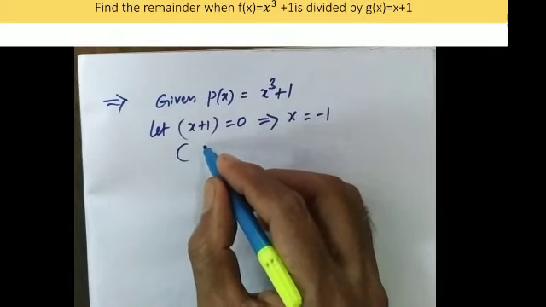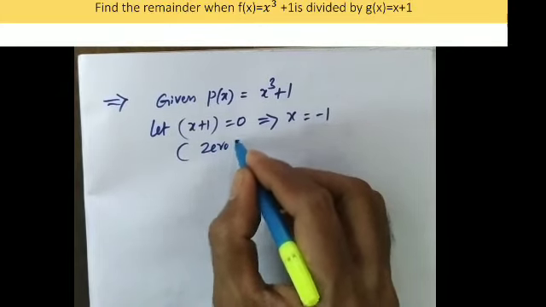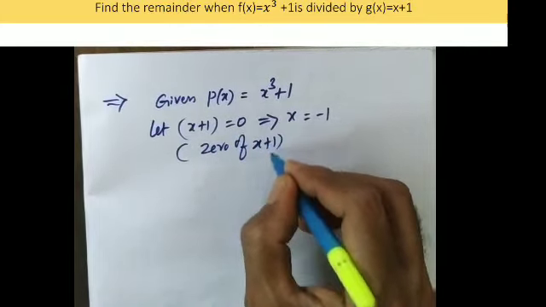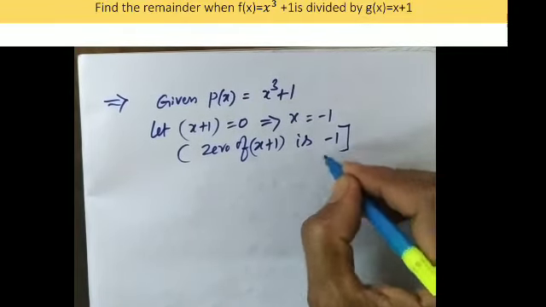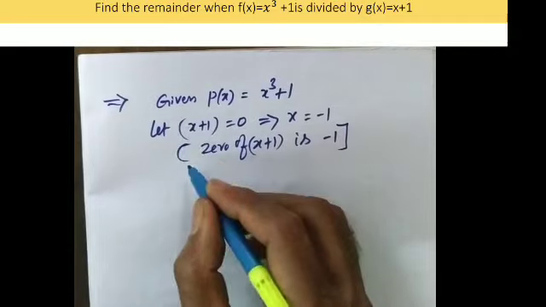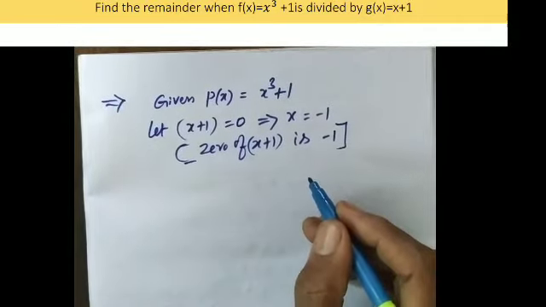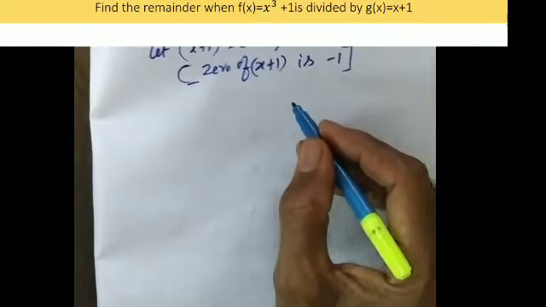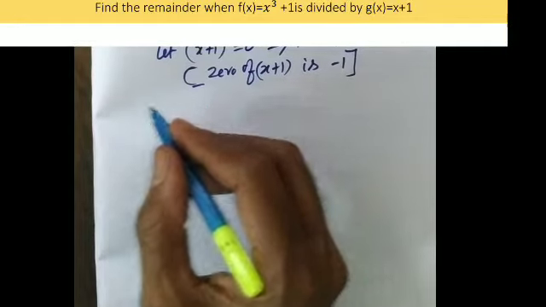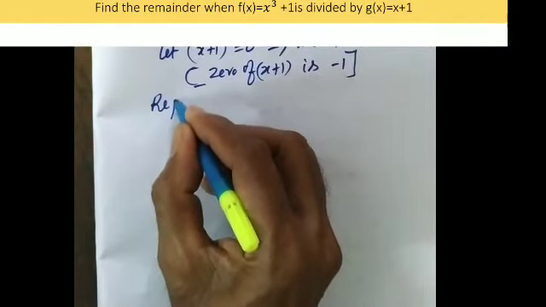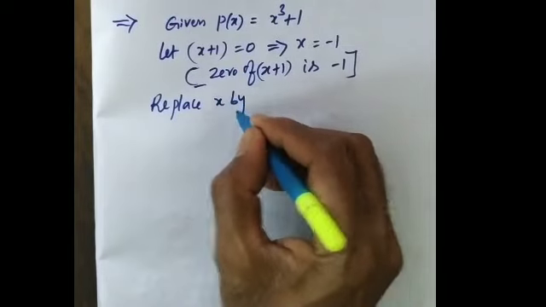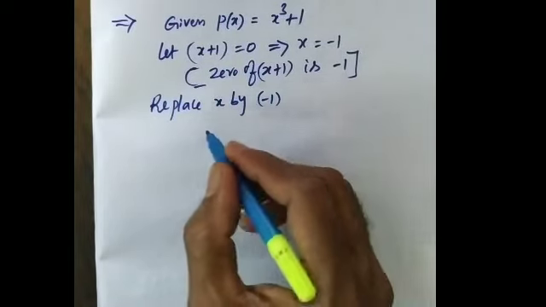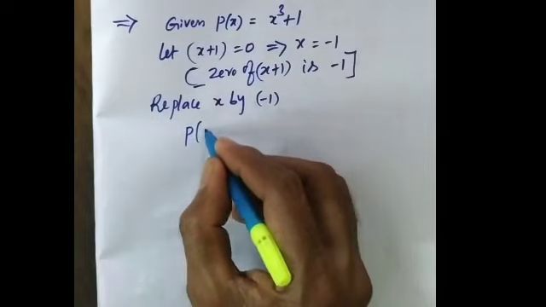Now take x plus 1 equal to 0, then x equal to minus 1. So x plus 1 is a binomial, and its zero is minus 1. In place of x we put minus 1, replacing x by minus 1.